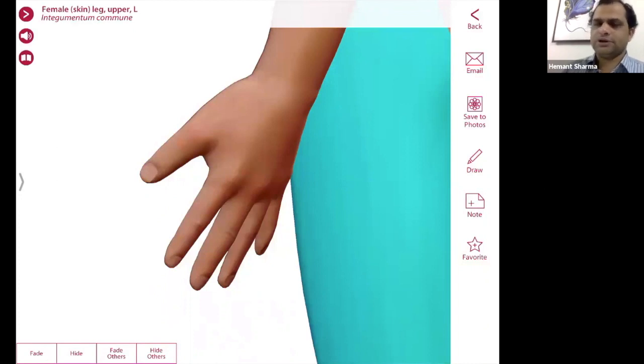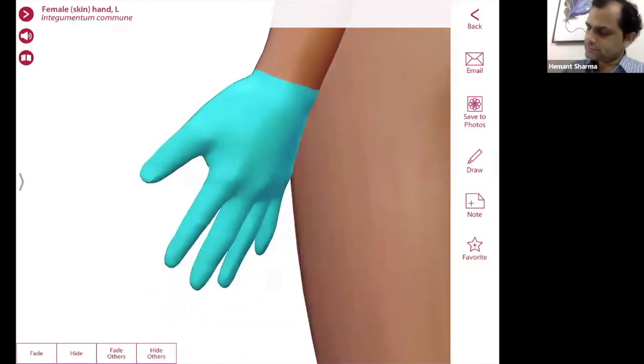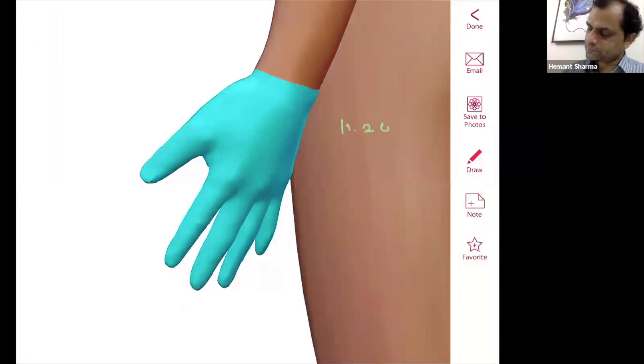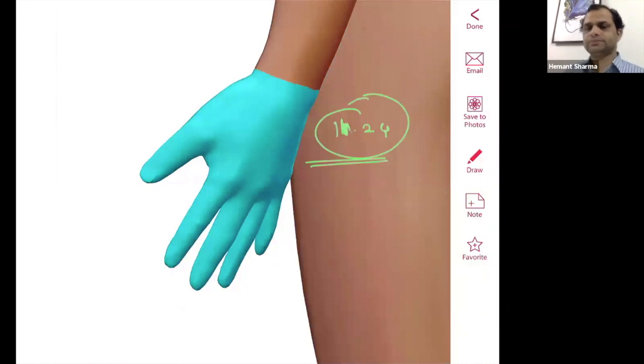But many times it is difficult to know which side is affected. So one day we put it on the right side, and another day on the left side. If you are clear that she is suffering with a one-sided problem, then you can always put this point on the opposite side. So this is Fouquet or 11.24.